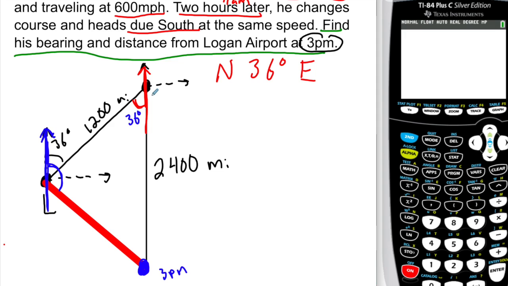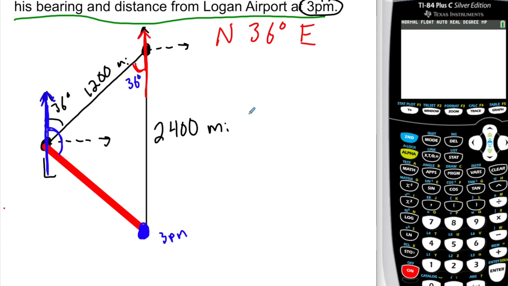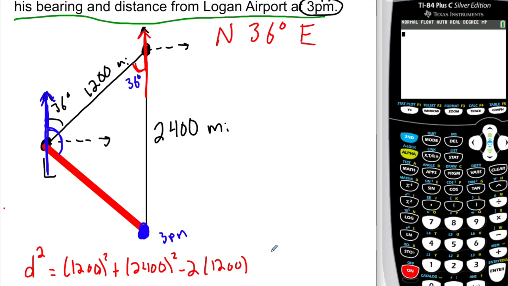So basically, what I know is I need to figure out the distance. I'll do this in red because that's what I use for that side. So the distance squared is equal to 1,200 squared. The numbers are going to be larger, but the idea is the same, right? Law of cosines: plus 2,400 squared, minus 2 times 1,200 times 2,400 times the cosine of 36 degrees.